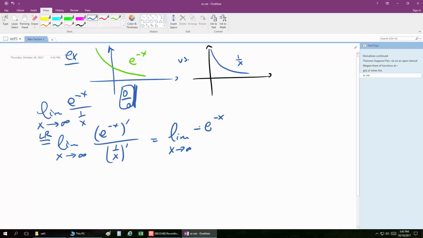Minus. That's right. The derivative of negative x is negative 1. Okay. What about the denominator? The derivative of 1 over x, if you remember, what is it? Negative 1 over x squared. Remember, the power goes down by 1.